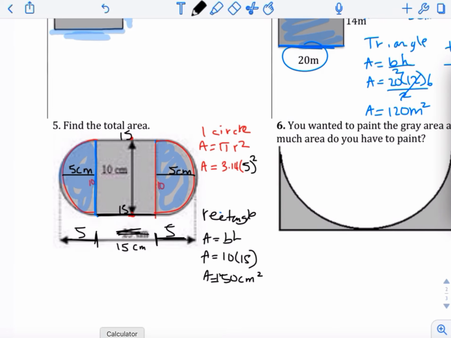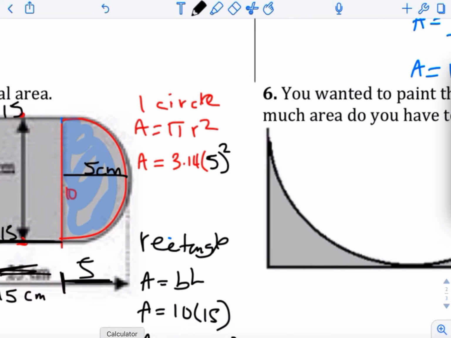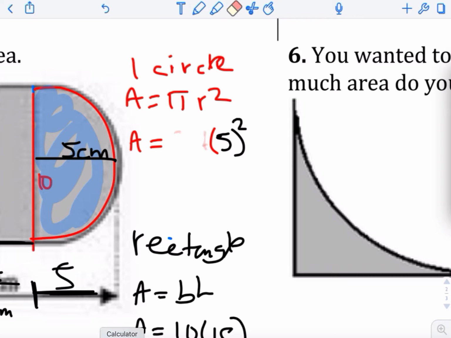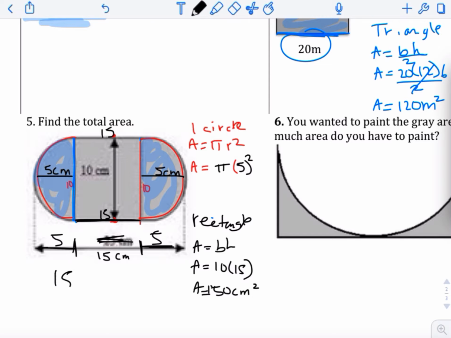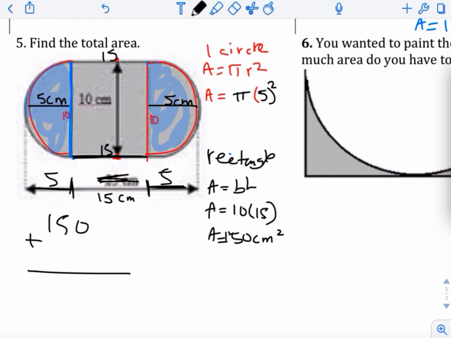Did it say to use 3.14? No, we use pi. Don't use 3.14. Whatever you get, add it together. 150 plus, I think 78 something. Whatever it is, it makes over 200. Make sure you put centimeters squared.